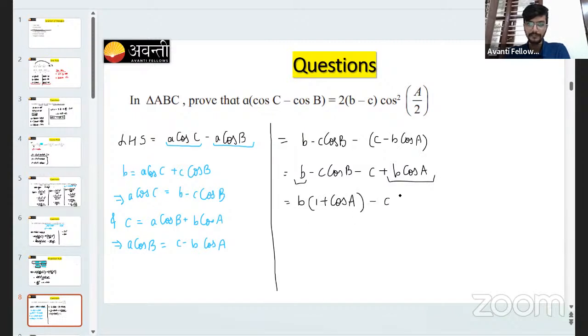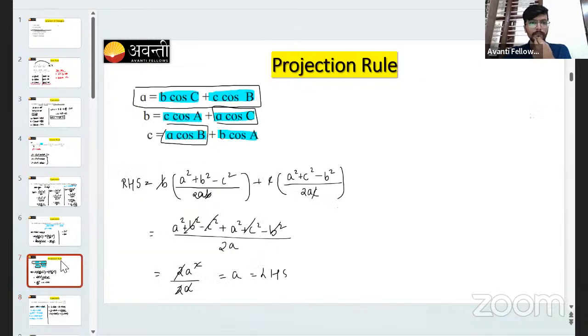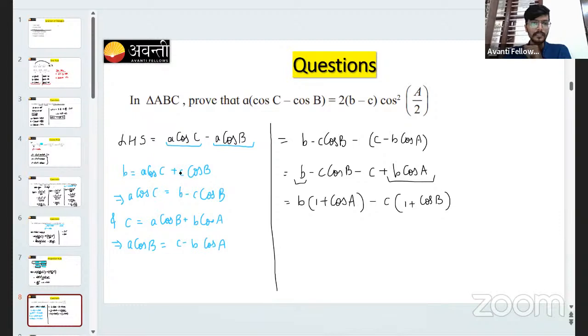And from these two, I can take C common, I'll get 1 plus cos B. Correct? Or is something wrong? I guess we made a mistake somewhere. A cos B is C minus B cos A. A cos C is B minus C cos B.